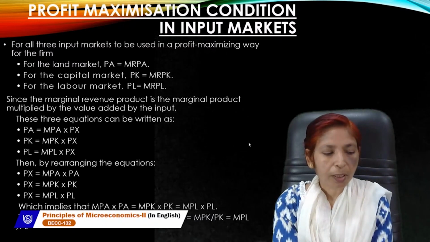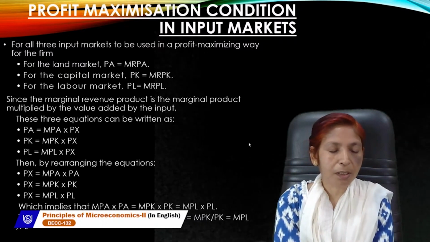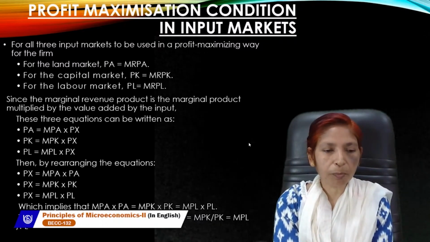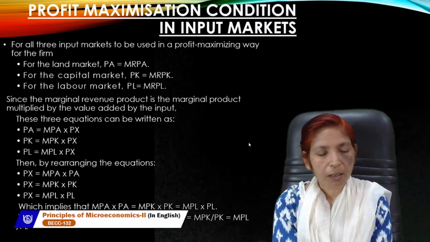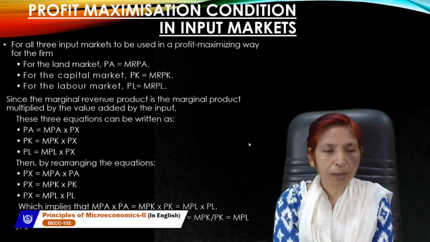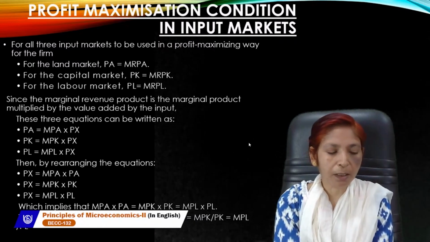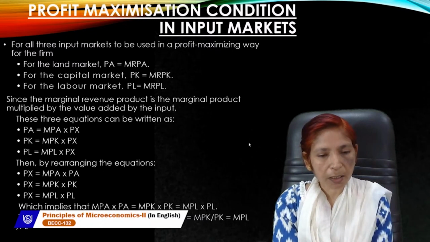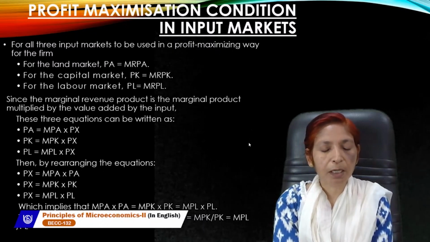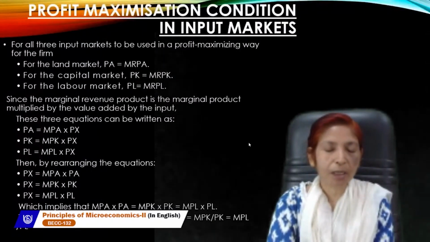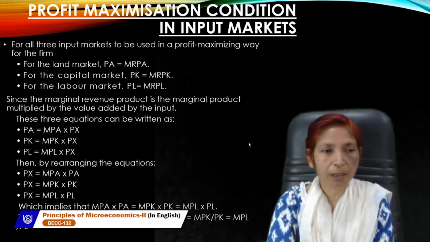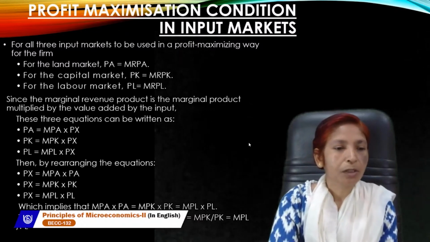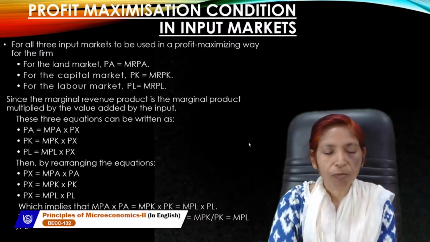Px is equal to MPK into PK, and Px is equal to, this is in the labor market, MPL into PL, which implies that MPA into PA is equal to MPK into PK, showing the capital market equilibrium profit maximizing condition, in different factor markets like the land market, capital market, labor market, represented by this formula.